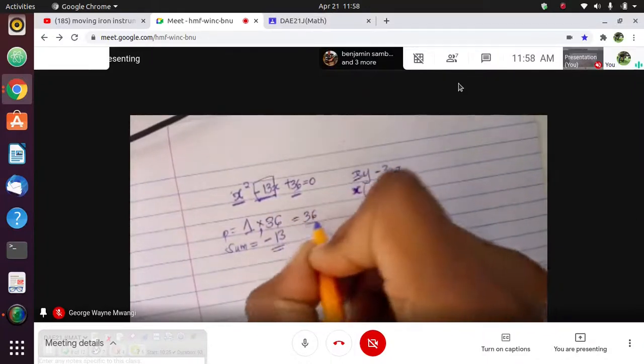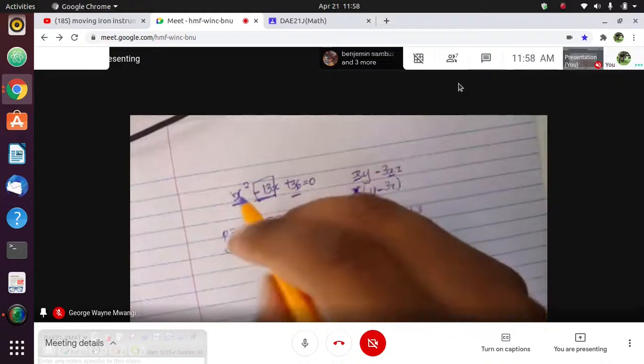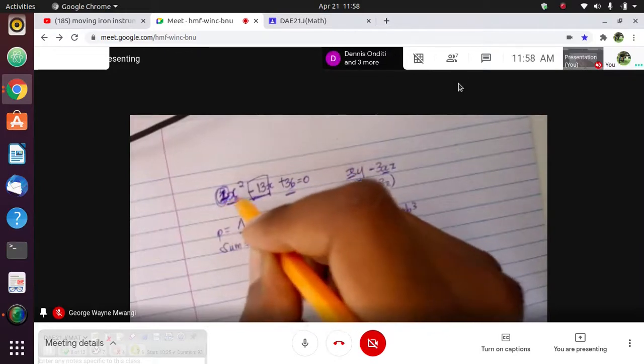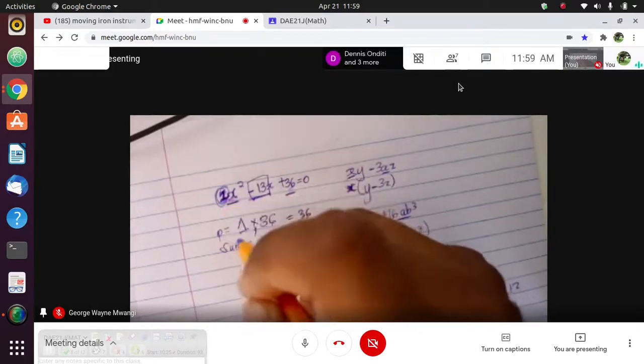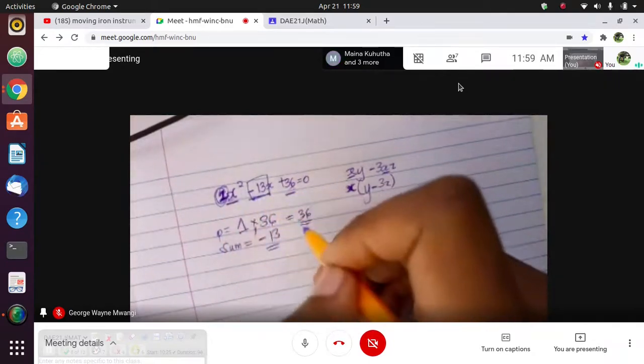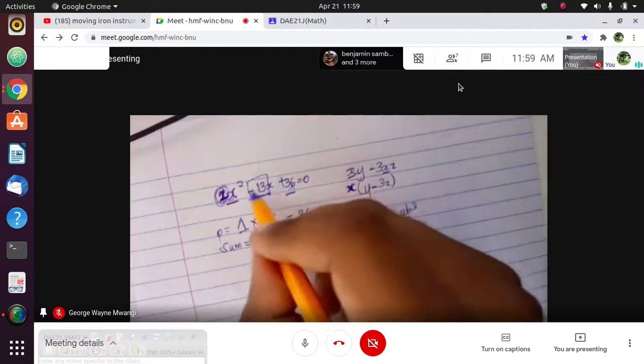I can multiply the constant and the coefficient of x squared, in this case, 1. Which numbers will I multiply to get 36? And when I add them, I get minus 13.